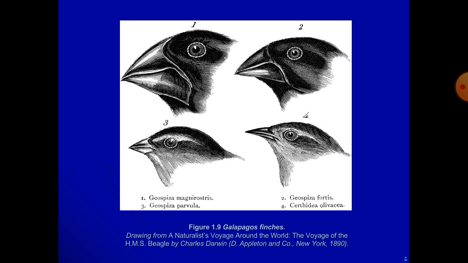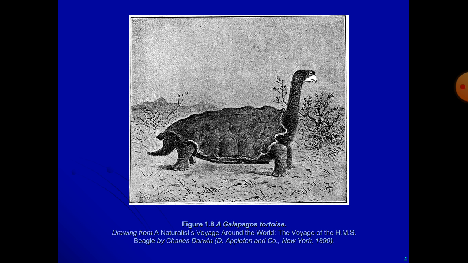This is a picture of the Galapagos finches, which shows subtle differences in one kind of finch, and technically all the finches had different characteristics from each other depending on what island they are on. Now, this is a picture of a Galapagos tortoise.